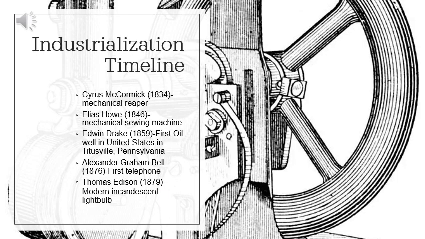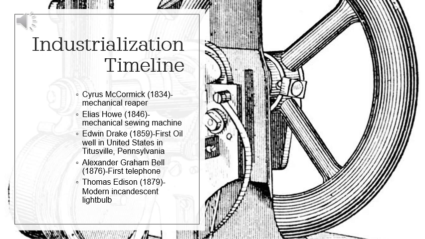Some notable inventions along the industrialization timeline were: in 1834, Cyrus McCormick invented the mechanical reaper to greatly aid in the agricultural process on farms both large and small. 1846, Elias Howe invented the mechanical sewing machine. 1859, Edwin Drake was the first of many who drilled for oil in the United States in Titusville, Pennsylvania.